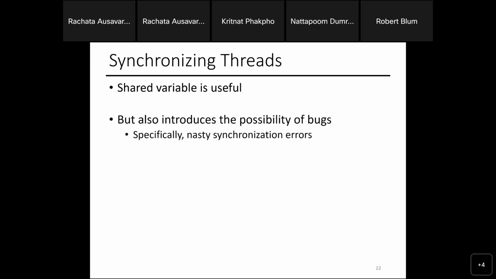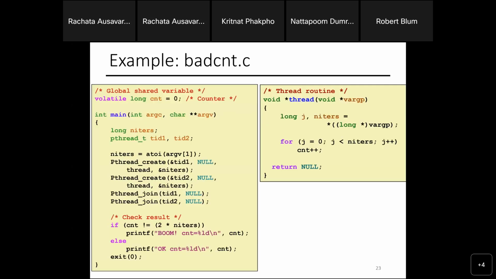Because thread 0, thread 1 and thread 2 can happen at any point in time, which means that if I run this thing 1,000 times, I'll see different results. Imagine you try to debug your code, but the second time you run, it doesn't behave the same way. The third time you run, it also doesn't behave the same way. Fun, right? So this can be nasty.